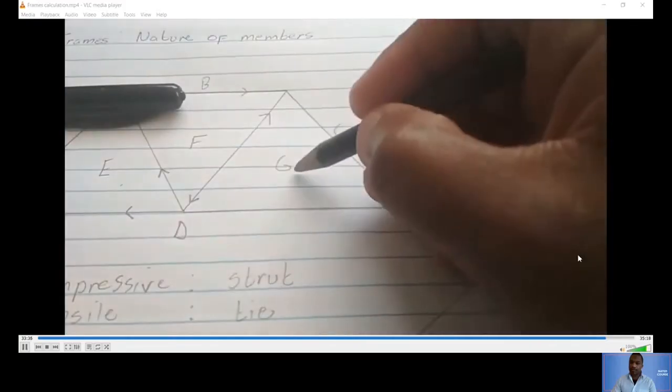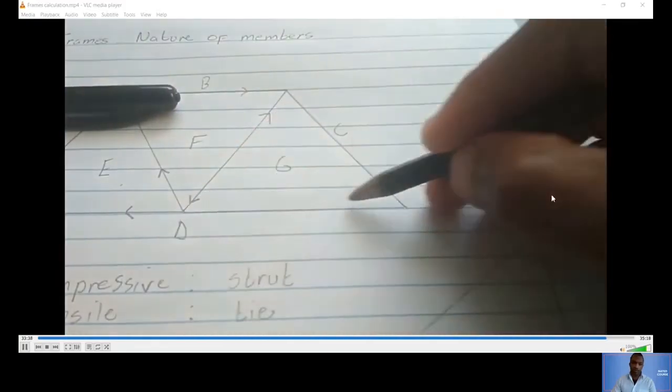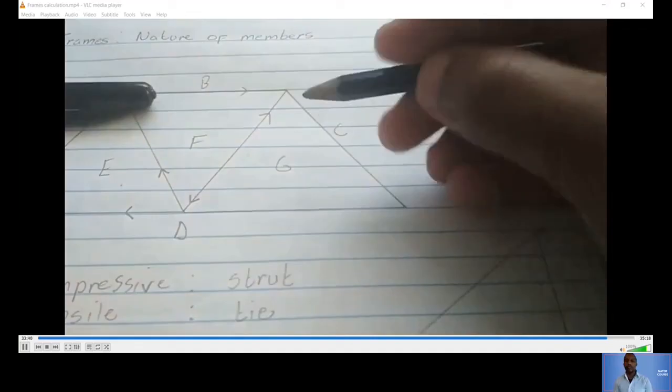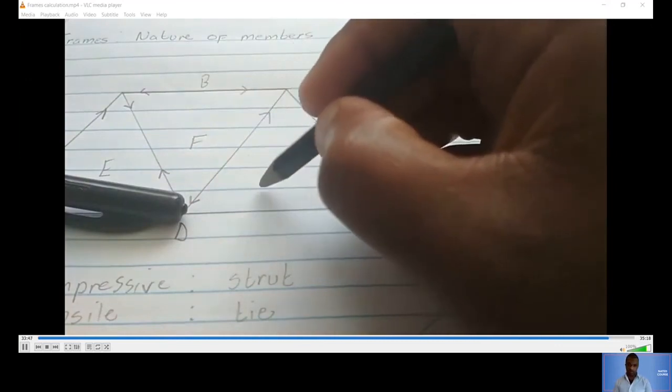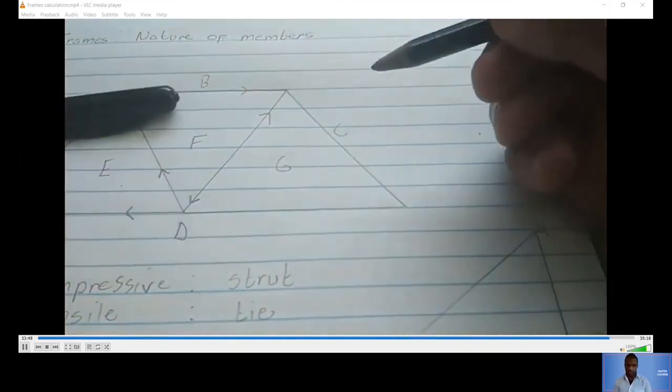Next one is GD. All right, there's G and there's D, so it's that member over there, GD. We stand on the far left of it, which is there. Then we move in a clockwise direction. So we're moving from G to D, and we go to our force diagram. We look for G, there's G, and then there's D. So moving GD, we're moving that way.